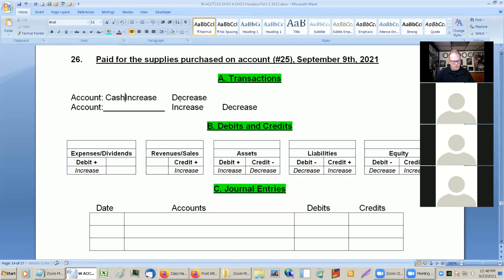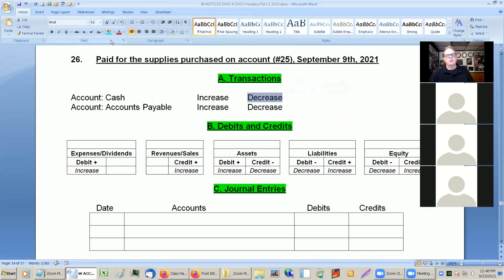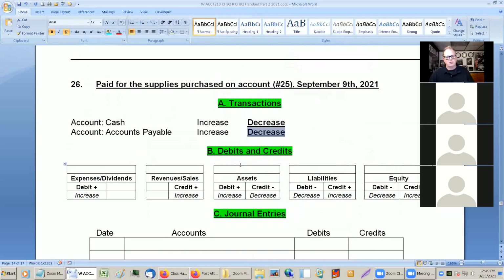So the cash is going down, as is the accounts payable. So these are both decreasing. Okay, so let's see, cash.